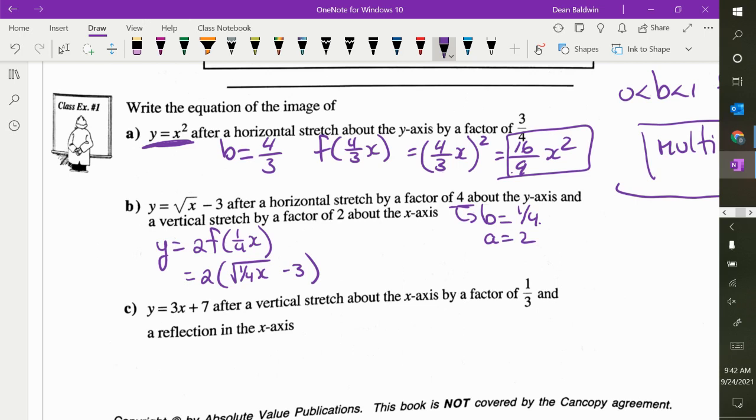Can anybody see a way to simplify this? It simplifies to 1 over 2x. Okay. Close. The square root of 1/4 is 1/2. But you can't take the root x out. It just stays there. So you have that. What could I do?